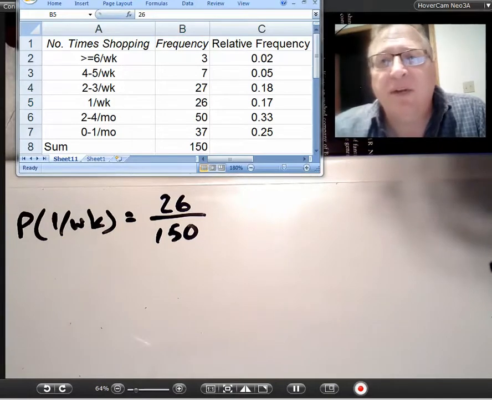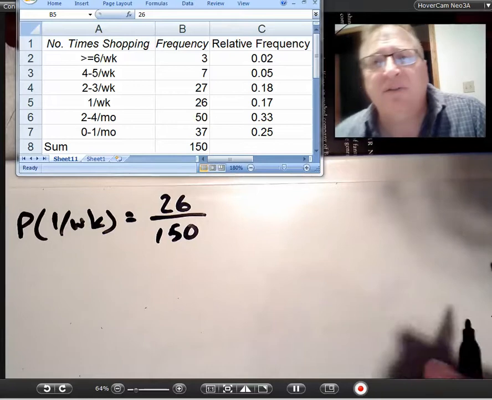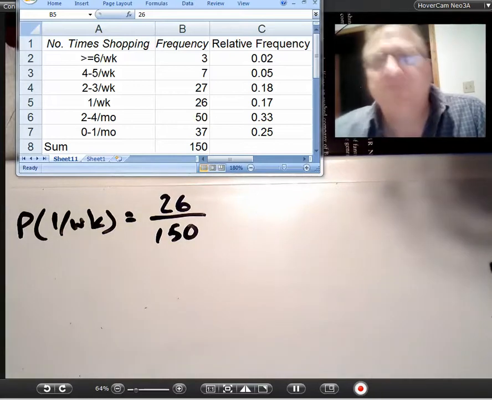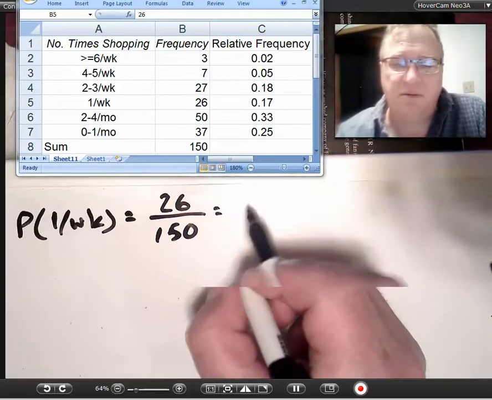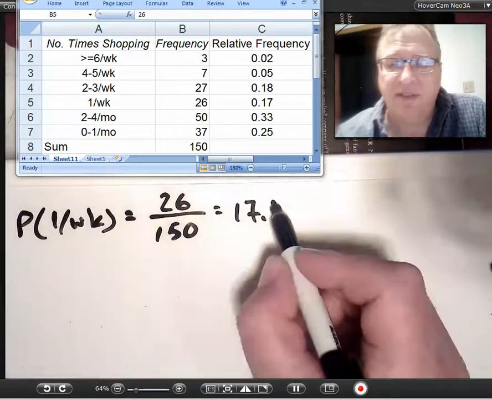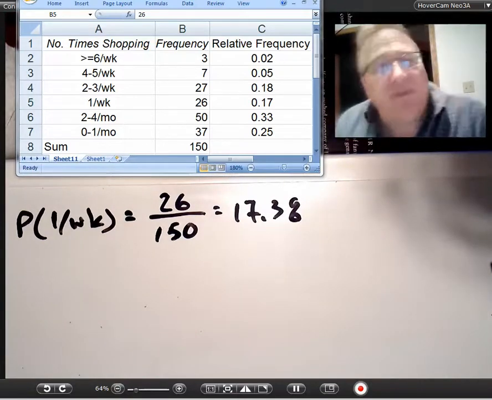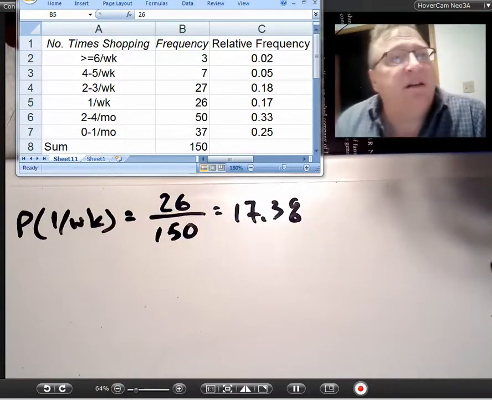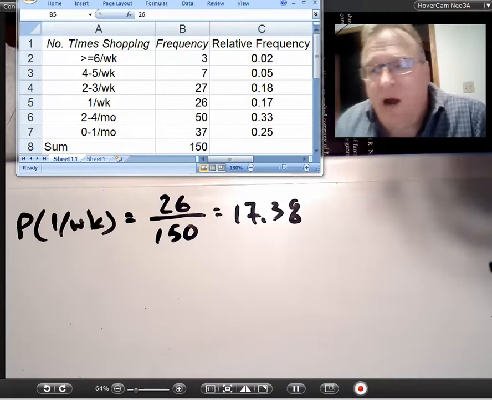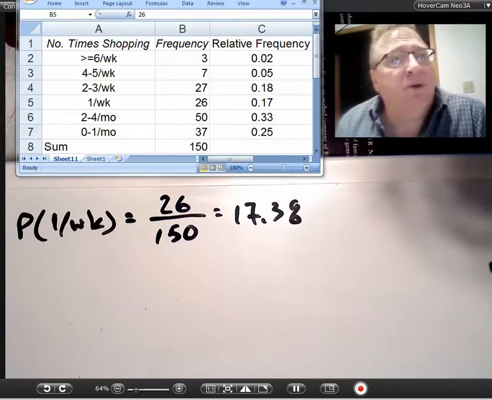So 26 divided by 150 equals roughly 17.3%. The probability is roughly 17.3% that someone in our survey goes to the mall once per week.